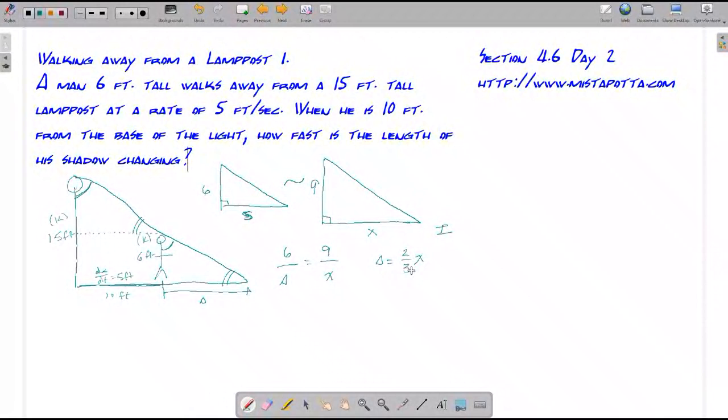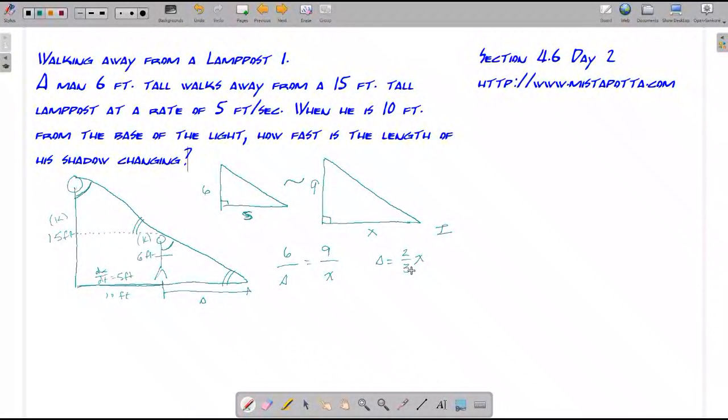I've come up with some type of description that relates the length of the shadow to the distance that the person is walking.